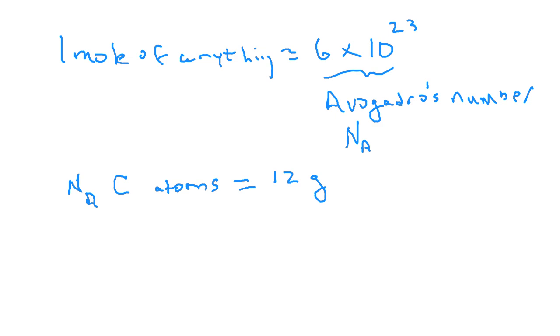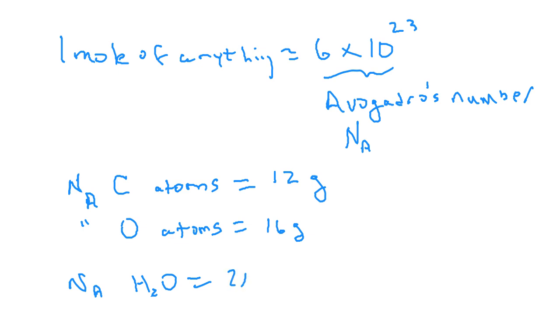If I did oxygen atoms, if we look in a periodic table, you don't memorize this stuff, the mass of oxygen, if you have Avogadro's number of O atoms, then it would be 16 grams. If I had Avogadro's number of H2O molecules, well, hydrogen has a mass of 1, so you'd have 2 times 1 gram for the 2 hydrogens, and then you'd have to add in the mass of oxygen, which was 16 grams.